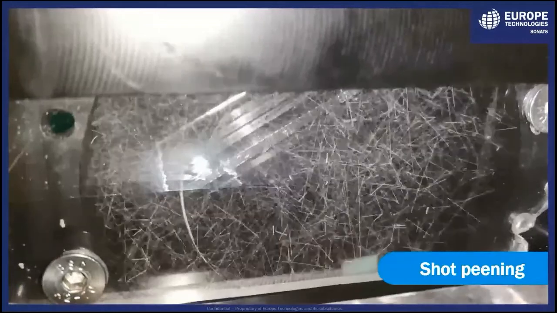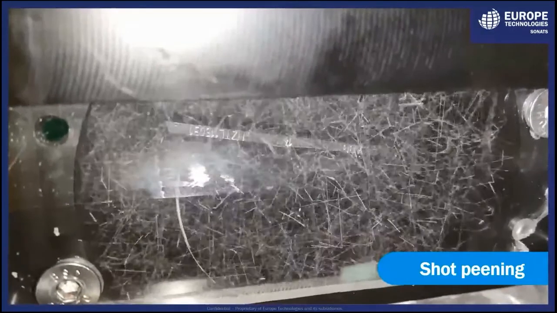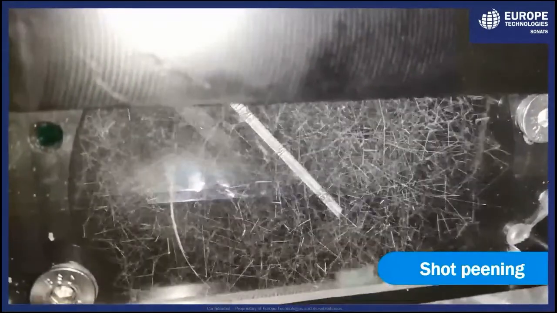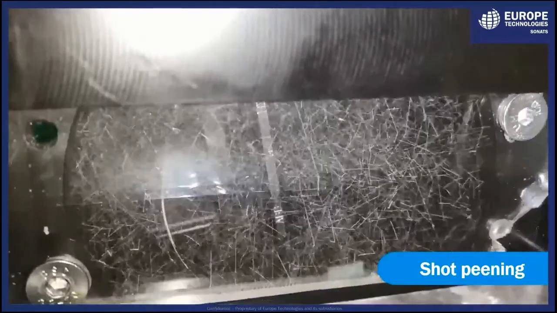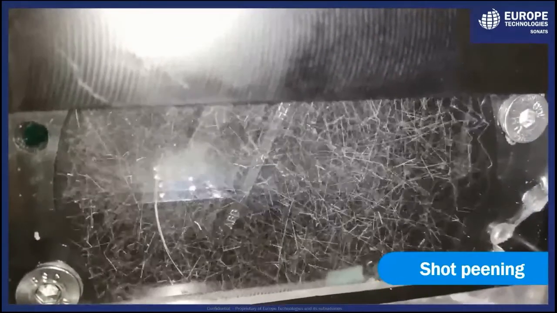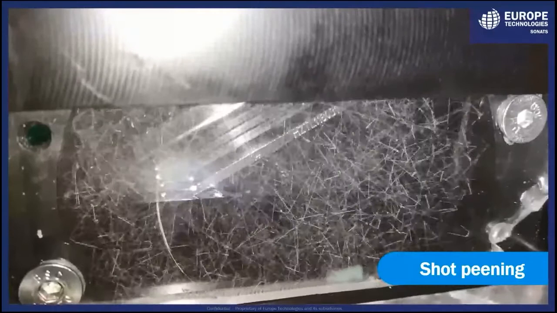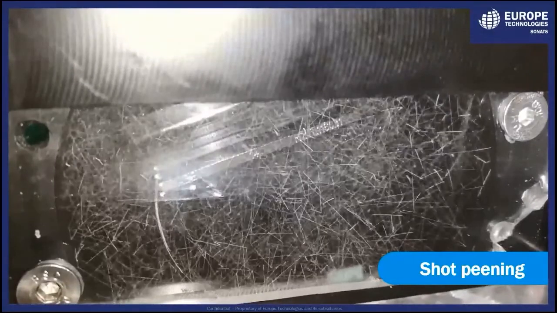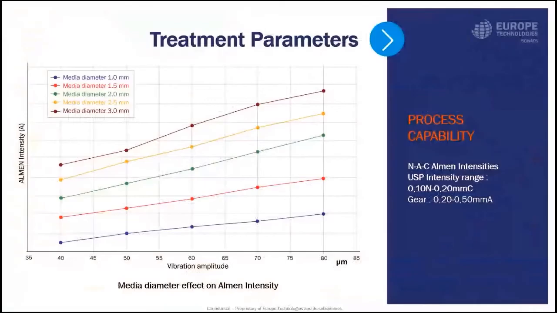So in this new video, you will see the trajectory of the media. The speed velocity is within the range of 2 up to 10 meters per second. The key parameters for USP are the media diameter, the material of the media, the amount of media in the enclosure, and the amplitude of vibration.